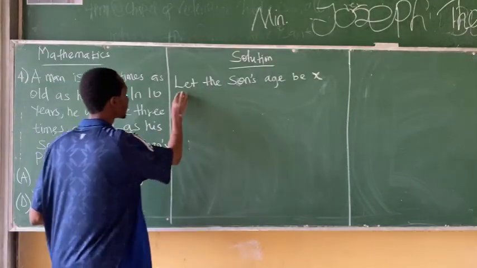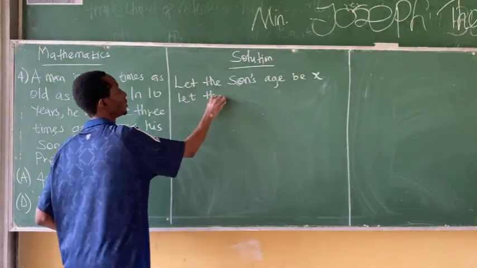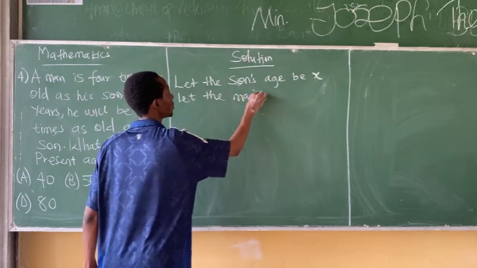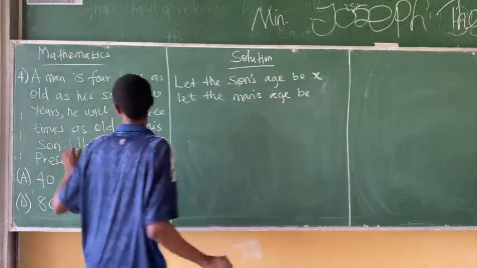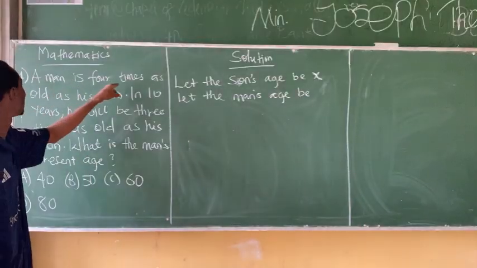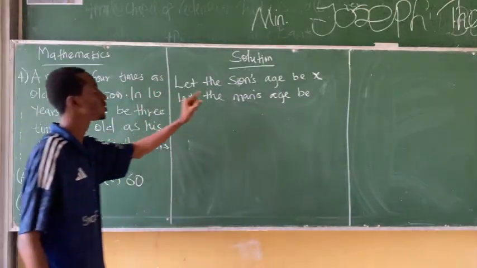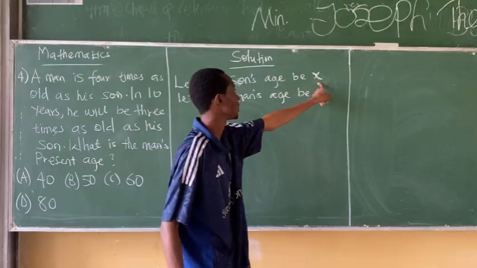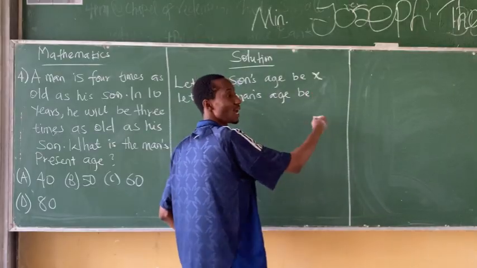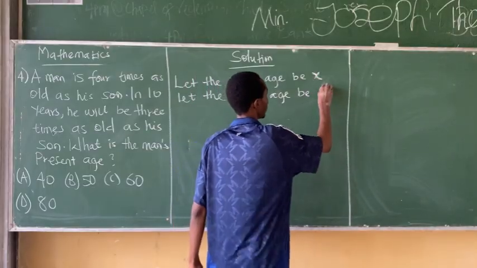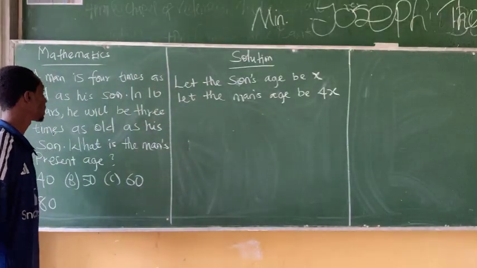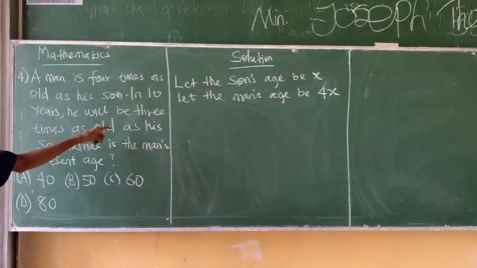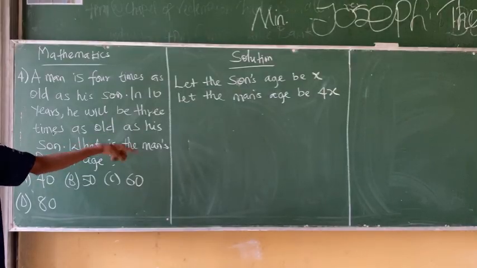And let the man's age be, the question says the man is 4 times as old as his son. So if his son is x years, it means the man is 4 times x, 4x years. The next part says in 10 years, he will be 3 times as old as his son.